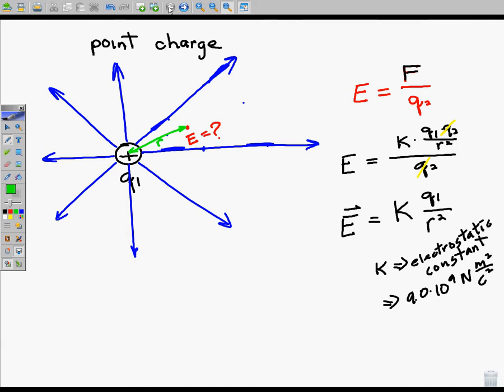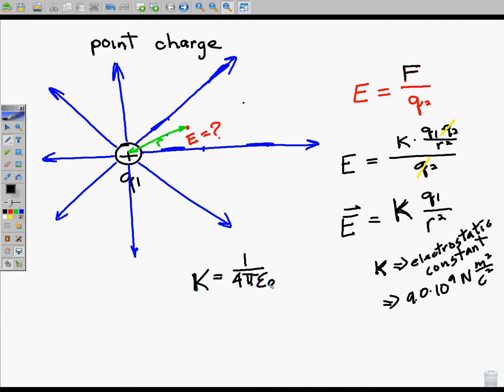That's right, ladies and gentlemen. So a more sophisticated way of writing this formula is to replace K, the electrostatic K right here, the universal electrostatic constant K, with 1 over 4 pi epsilon 0.